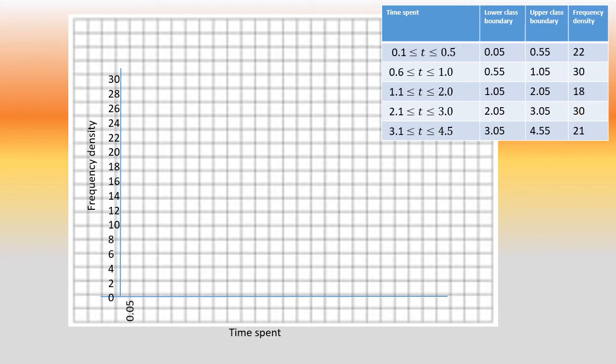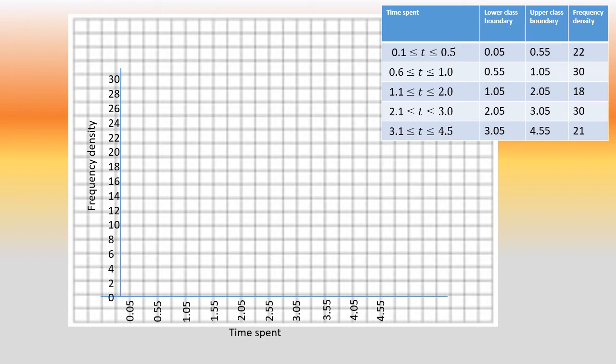And on the x-axis, I have to mark the class boundaries. I will start with 0.05, then 0.55, 1.05, 1.55, 2.05, 2.55, 3.05, 3.55 and 4.05 along with 4.55. So the difference between each two values is 0.5.